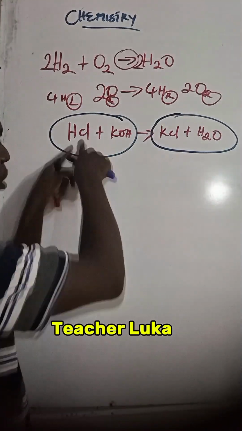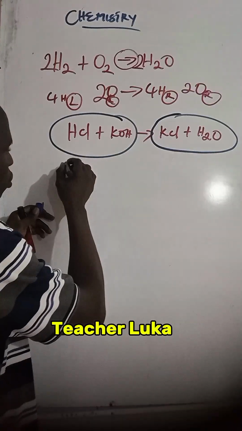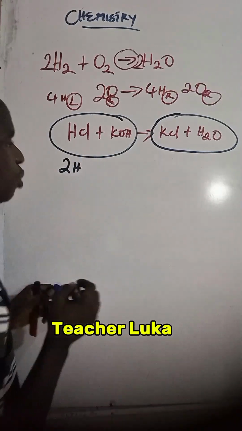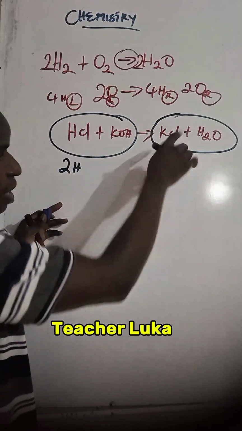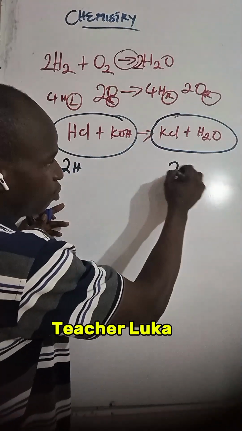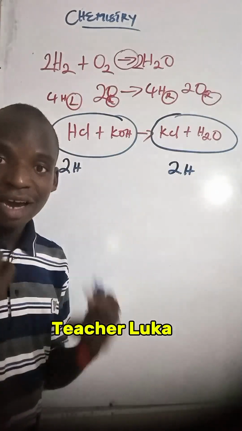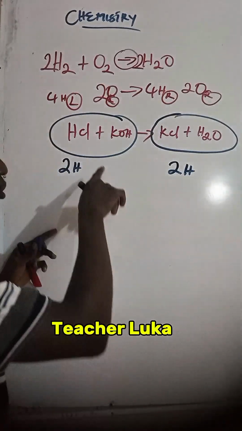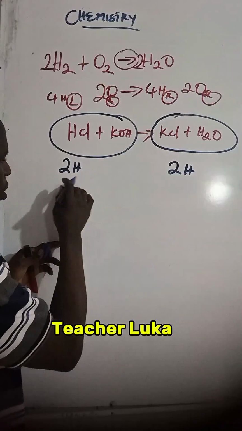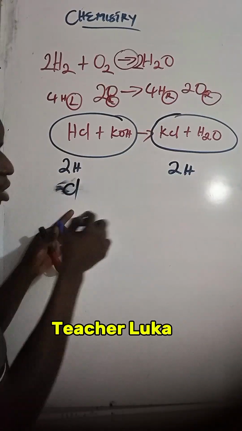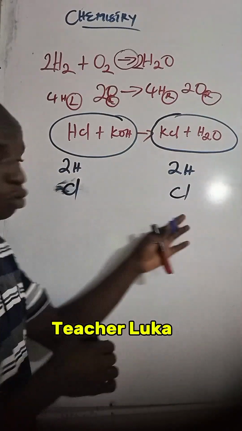So since I have 2 hydrogen atoms on the left, all right? On the right, I have 2 hydrogens. Are you with me? Let's continue. So I now have 1 chlorine. Okay, so I can just write chlorine. All right. Here too, I have chlorine.